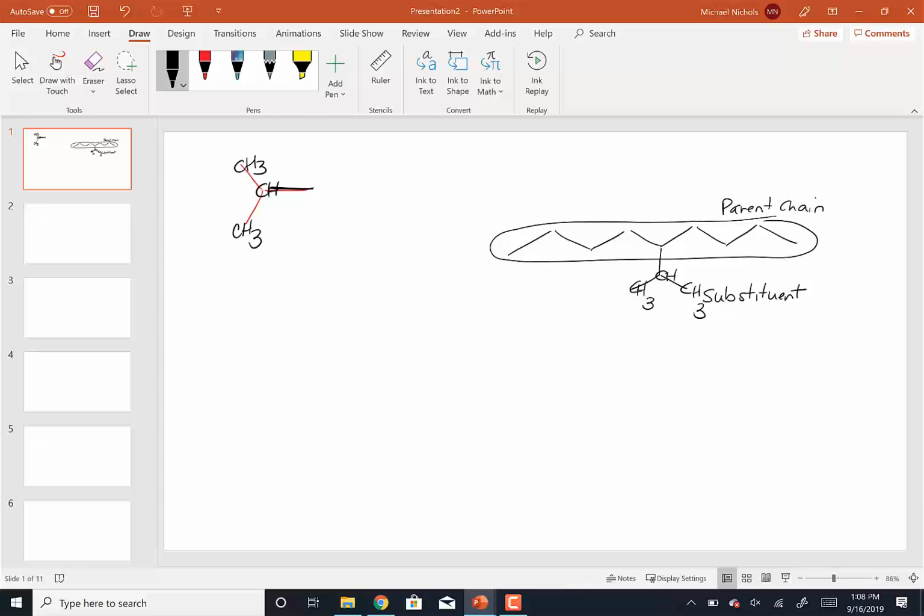And that may help you, well, we're going to have to use the M word here, memorize those groups, their structures, and their names. Okay.